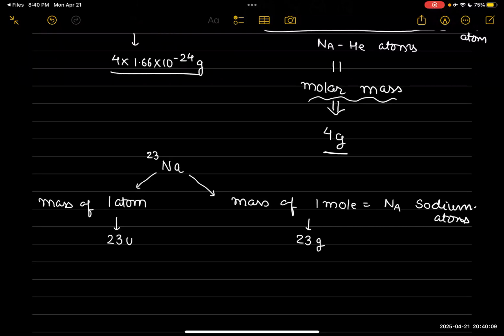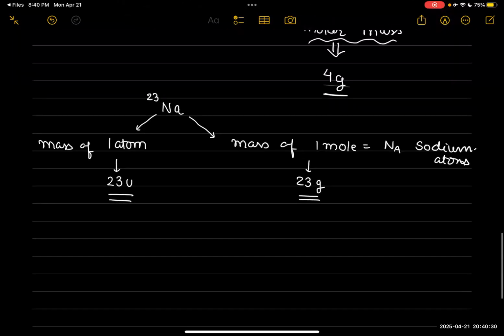One is in U, another is in grams. Is it clear? Yes, sir. Okay, great. 23 U and 23 grams. So how can you get to this value?